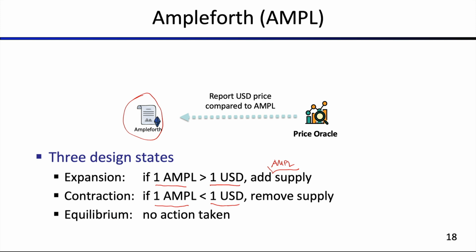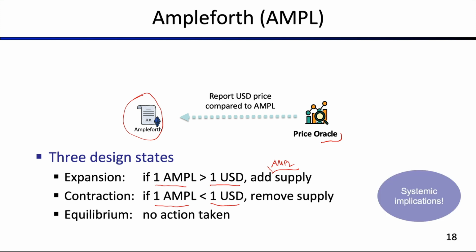The particular adjustment here that's being done by the price oracle was set to be once a day. So this might be quite a coarse-grained interval, because trading in cryptocurrency is happening 24 hours, but this was one of the design choices in Ampleforth.